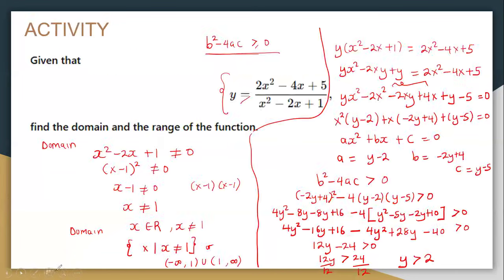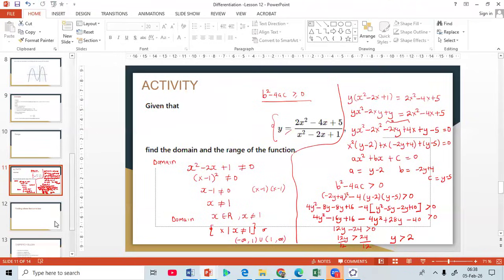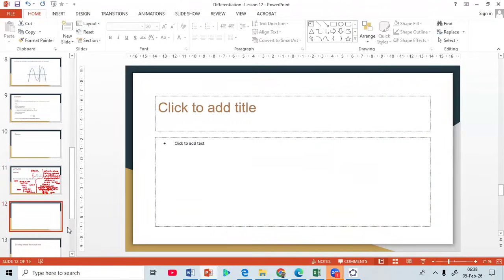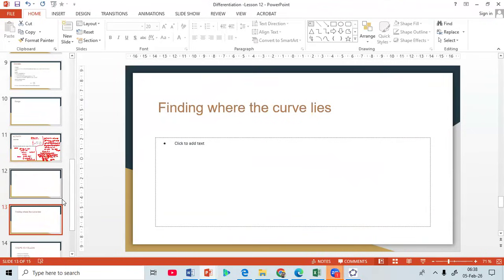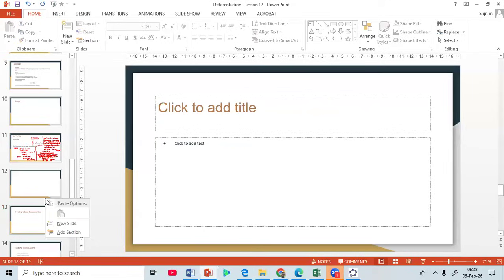Let me give you one more example. For that first one, I gave you when you had one value. What about when you find that the values are more than one?